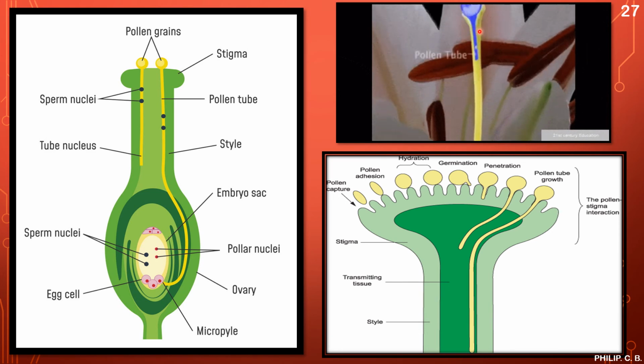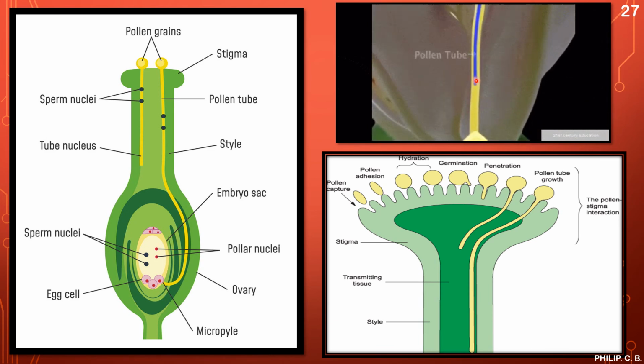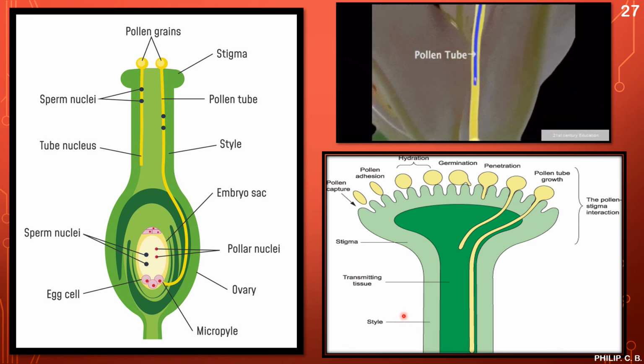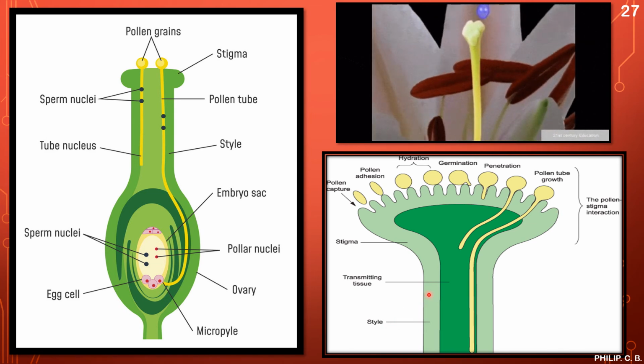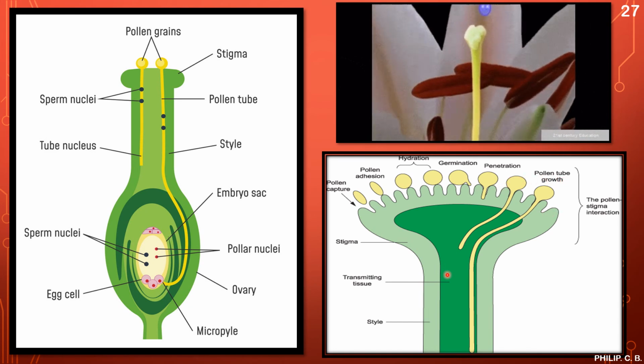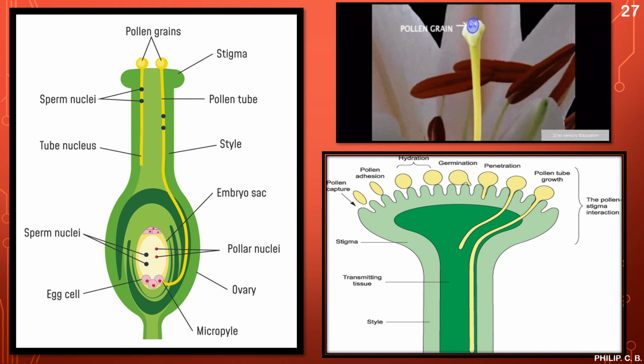You can see very clearly in the animation image how the pollen tube, the blue color tube, passes through the style and reaches the ovule inside the ovary. Then here again a slightly bigger image of the stigma showing style, transmitting tissue, stigma, pollen capture, pollen adhesion, hydration, germination, penetration, pollen tube formation, and this pollen tube moving into the ovule.